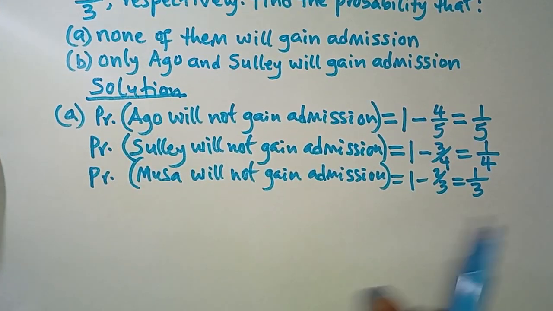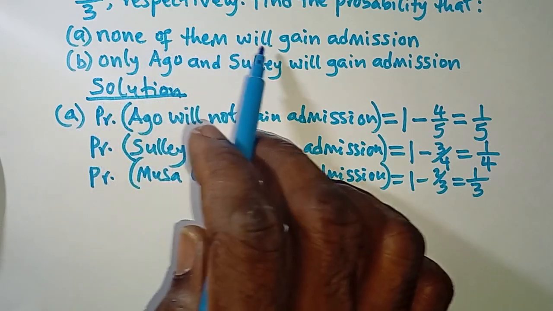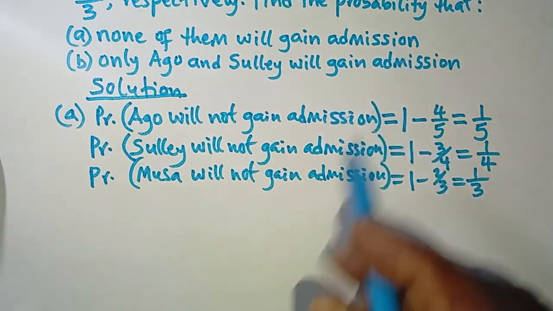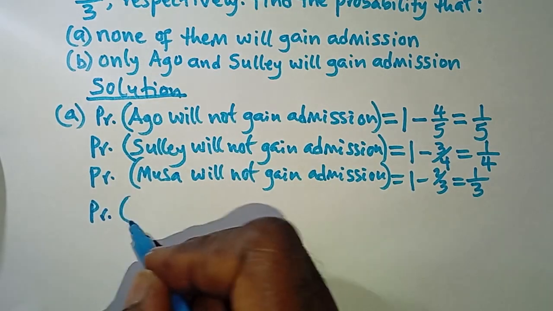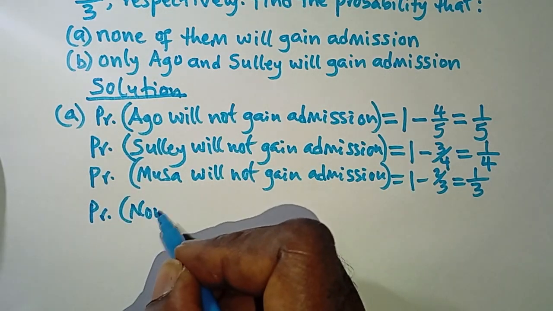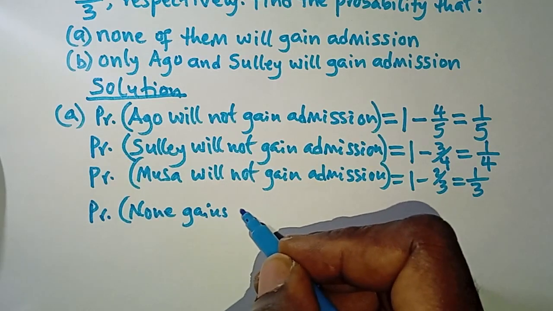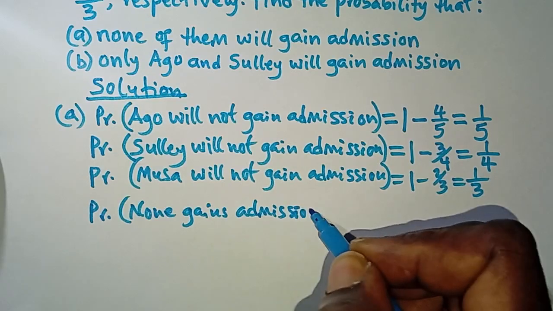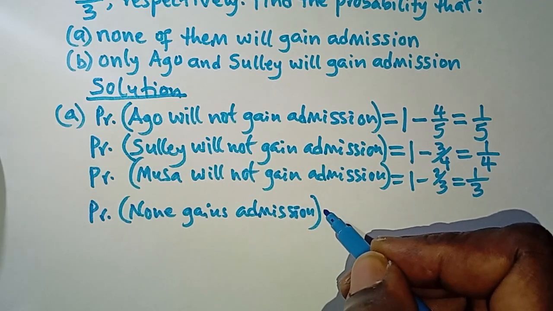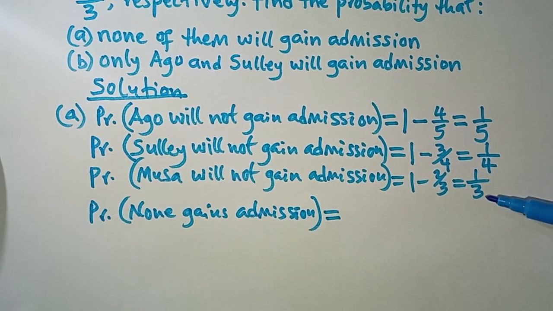So don't forget, the first one says the probability that none of them will gain admission. So the probability that none gains admission will be equal to, don't forget that this is for none of them gaining admission.